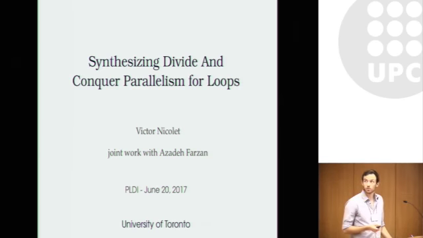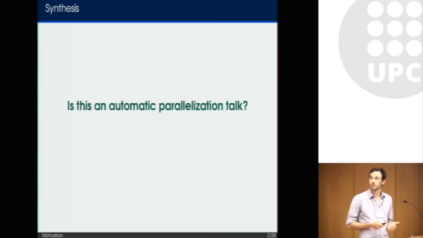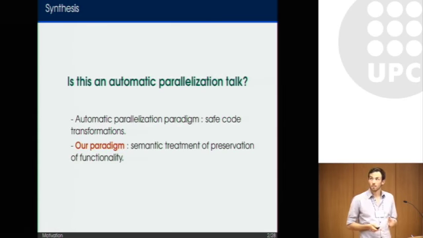And I'm going to talk about how we can synthesize a divide and conquer parallel implementation of a sequential program, which is, in our case, our specification. I'm not going to argue why we need automatic parallelization, but is this going to be an automatic parallelization talk? Maybe not in the sense of compiler.